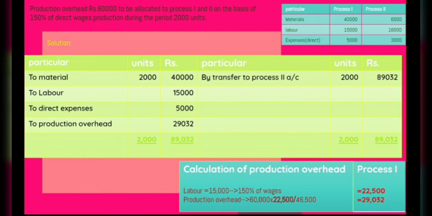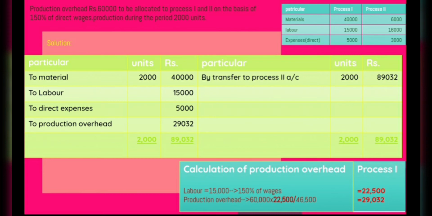Production overhead is 60,000, which is given in the question itself, multiplied by wages 22,500 divided by 46,500. How did it become 46,500? Because it is process 1 labor plus process 2 labor. Process 1 labor alone is 22,500 and the balance amount is related to the process 2 labor.